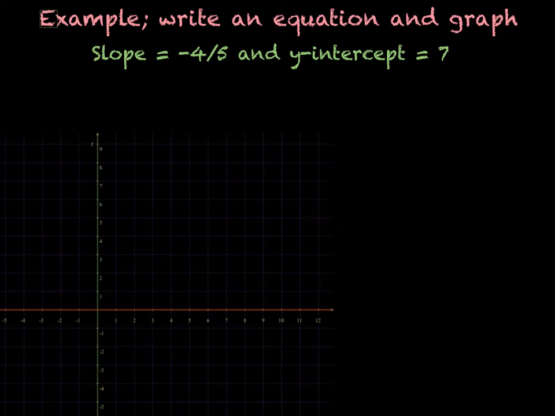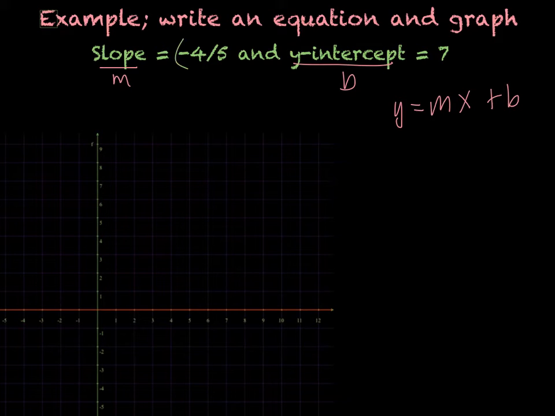Alright, now we're going to write an equation in slope-intercept form, and then we're going to graph it. So same idea, except we're going to be given a different bit of information. The first thing is we are given our slope. Well, we know slope is m and y-intercept is b. And we know my equation, y equals m times x plus b. So I just fill in the blanks.